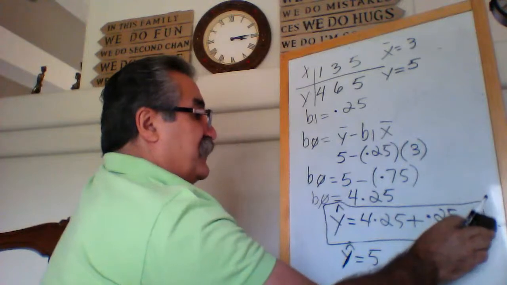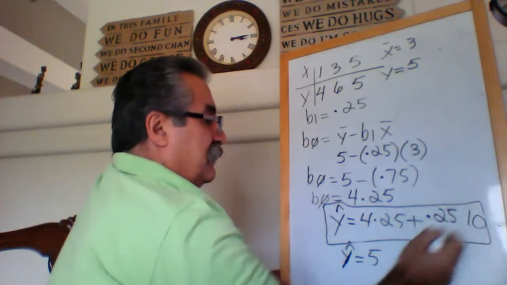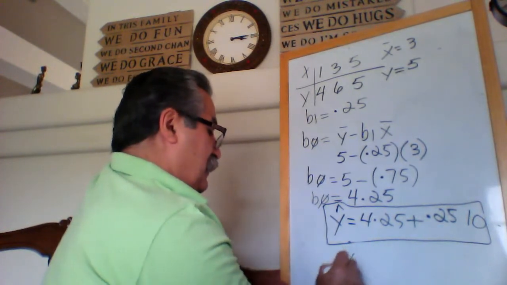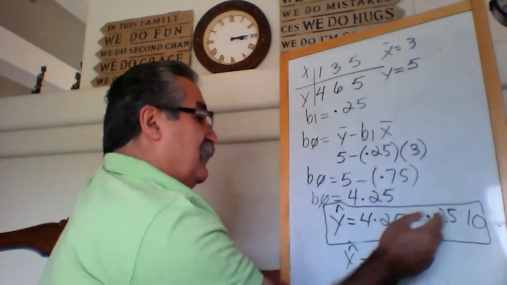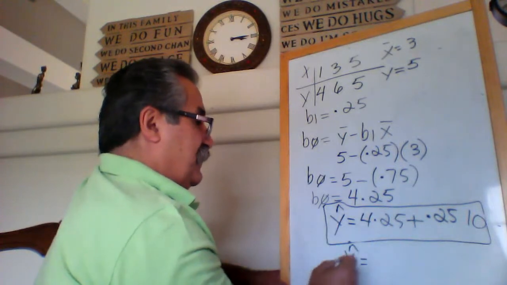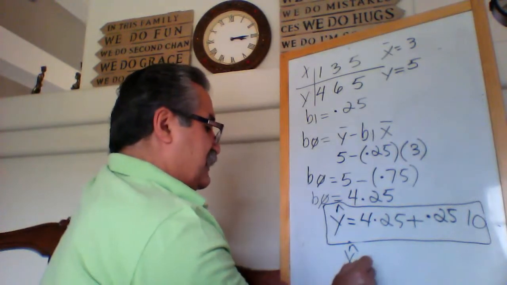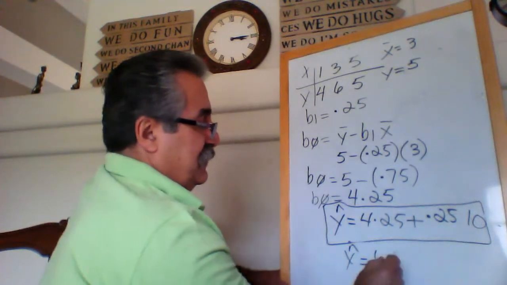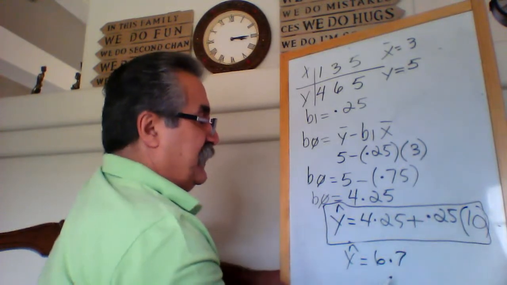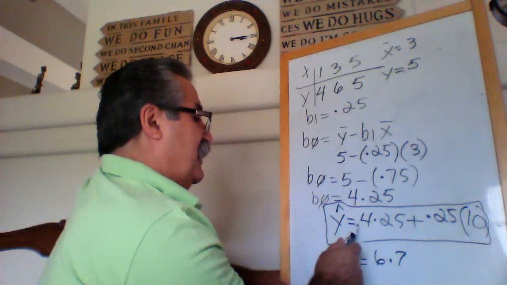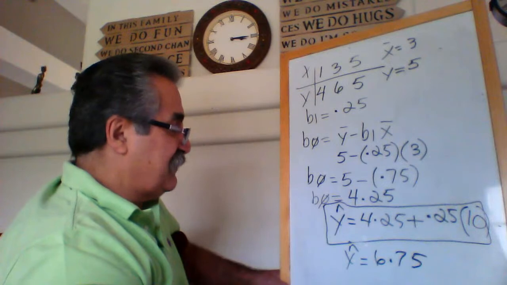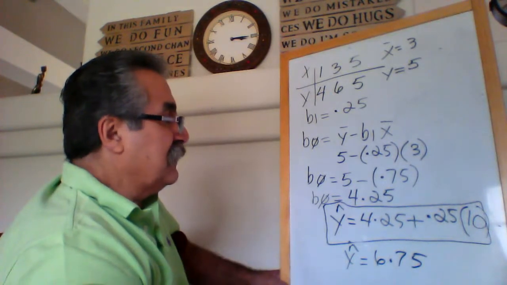You can say if x is equal to 10, then what is the estimated value of y? 10 times 0.25 is 2.5, plus 4.25, that's 6.75. If x is equal to 10.